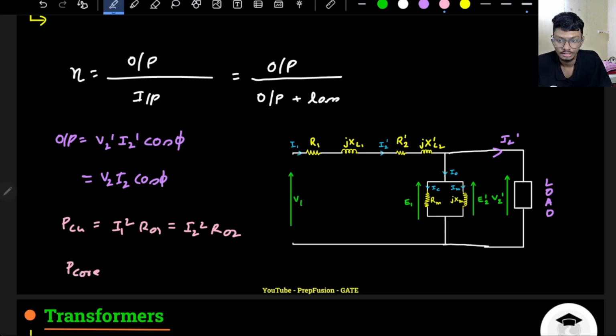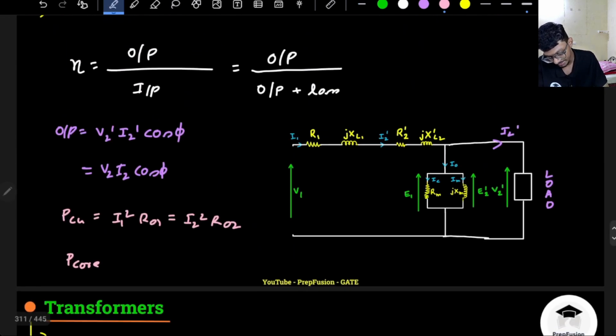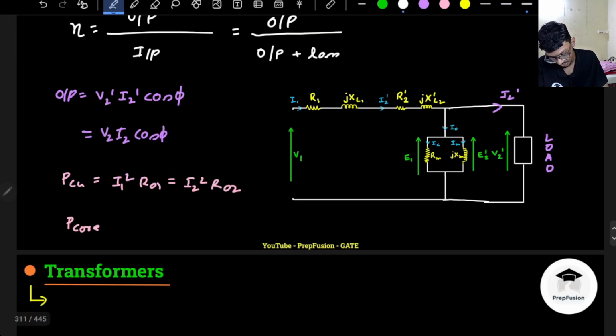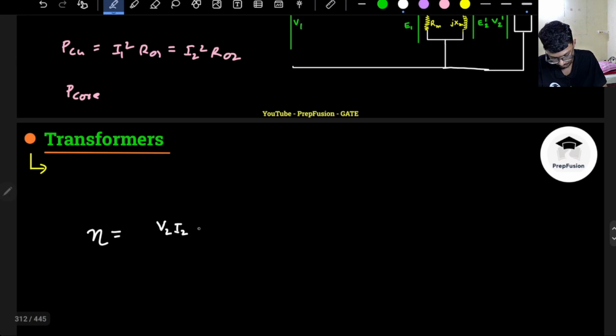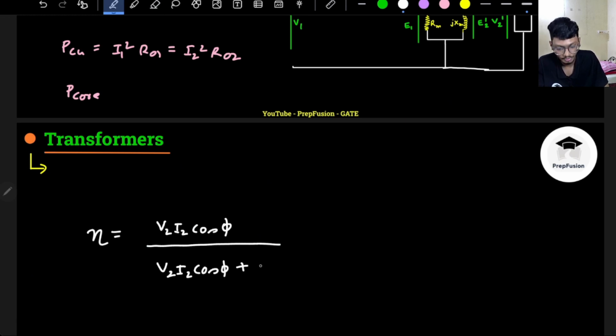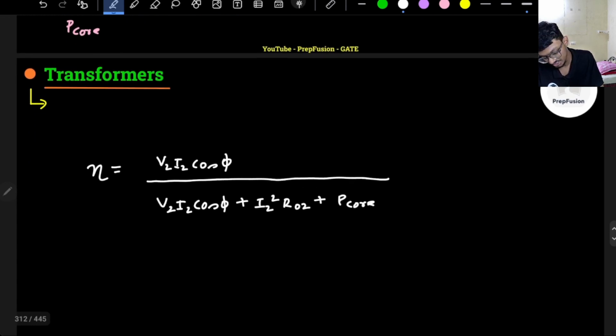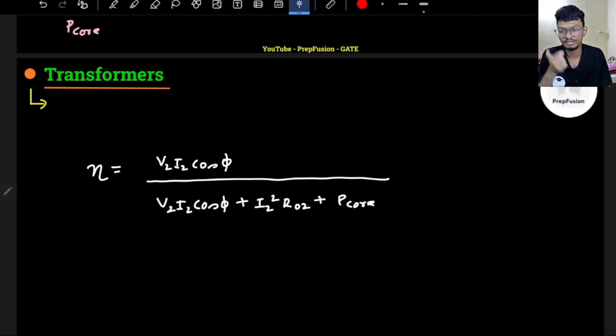I want to come to a very important relationship. So I can write my efficiency will be output, V2 I2 cos phi, divided by output V2 I2 cos phi plus the losses. Losses is copper loss, I2 whole square into RO2, plus the core loss. This will be a constant loss, right? This can be rewritten. What is V2 into I2? V2 into I2 is actually the kVA rating of the transformer.